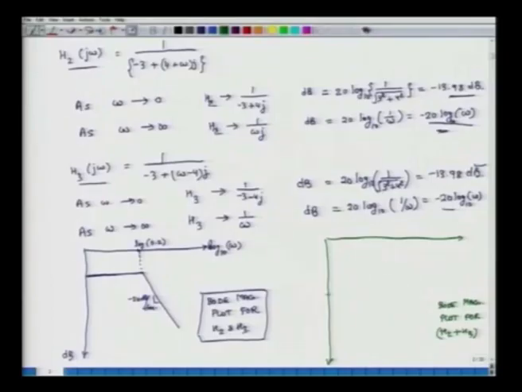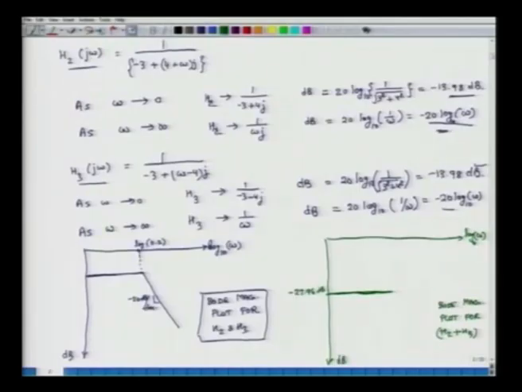This is my low frequency asymptote, and that is minus 27.96 decibels. On the horizontal axis, I am plotting log of omega. On the vertical axis, I am plotting decibels.